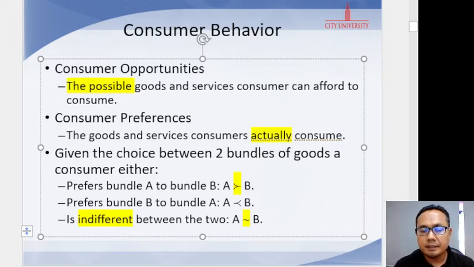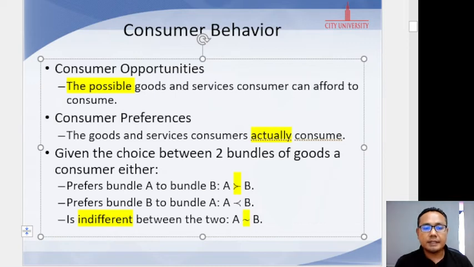If A is preferred to B, then given a choice between bundle A and bundle B, the consumer will choose bundle A. If A is equally satisfying as B, given a choice between bundle A and bundle B, we will not care which bundle he or she gets.